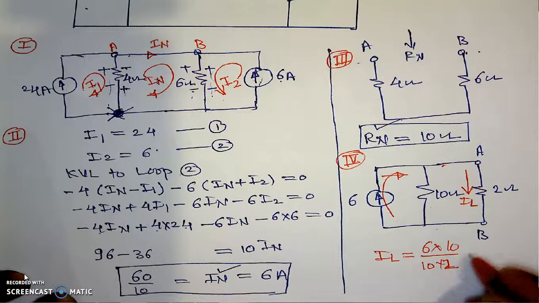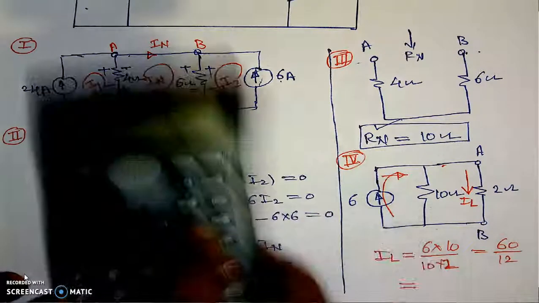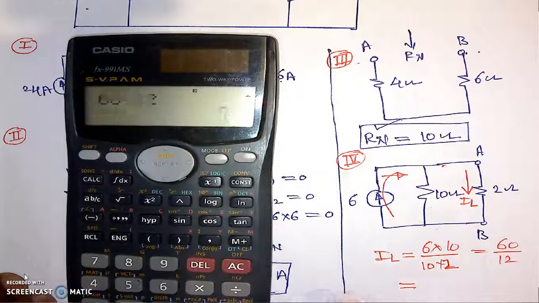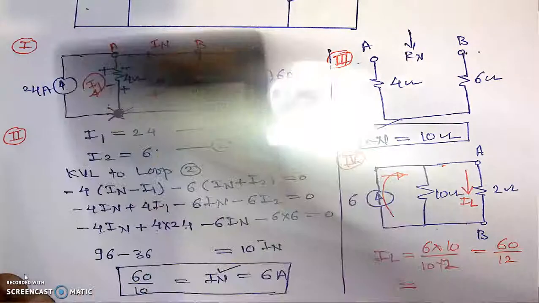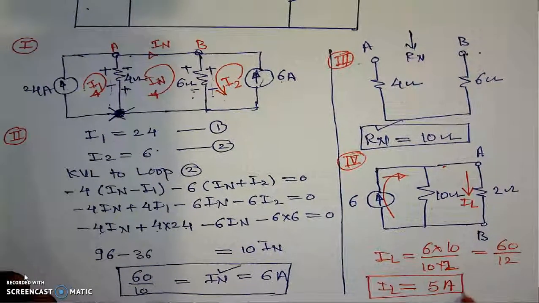That is 60 divided by 12, which is equal to 5 amperes. This 5 amperes is the current flowing through the load resistance by using Norton's theorem in this particular case.